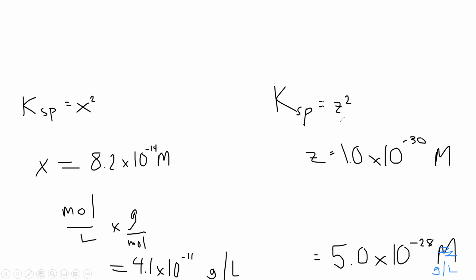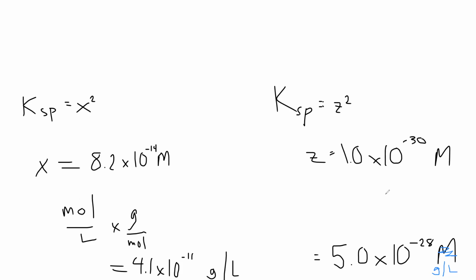But with the second one, because now that KSP is going to be 10 to the negative 60th rather than 10 to the negative 27, we see the molar solubility is now 10 to the negative 30th. So it's much, much smaller. In this case, 16 orders of magnitude, or 15 really. But 15 orders of magnitude less. And then with the grams per liter, again, we're just multiplying by the molar mass so we get those units.